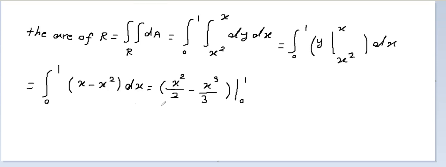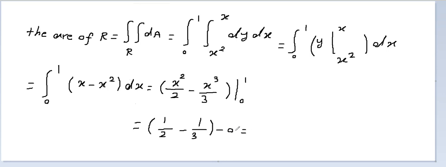Okay, let's continue here. So this equals the value of this term when x equals 1, which is 1/2 minus 1/3, minus when x is 0. When x is 0, this is completely 0.